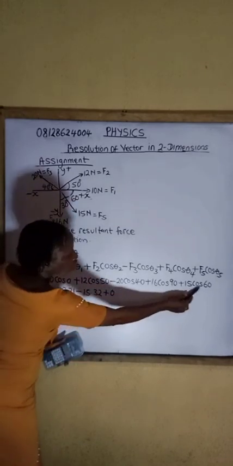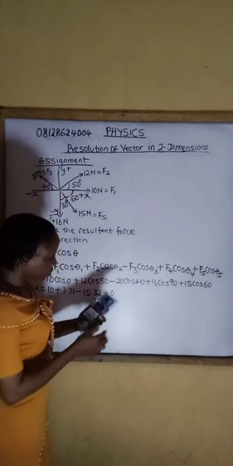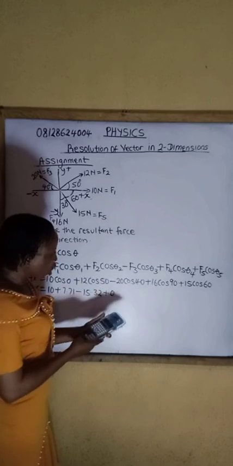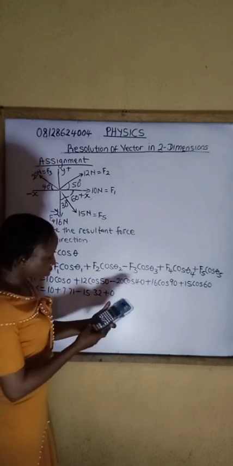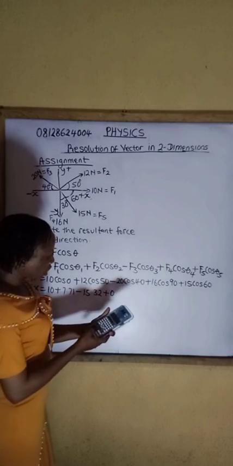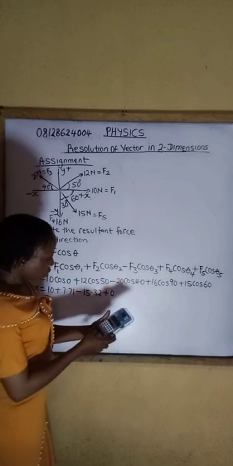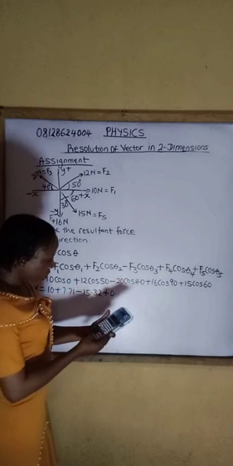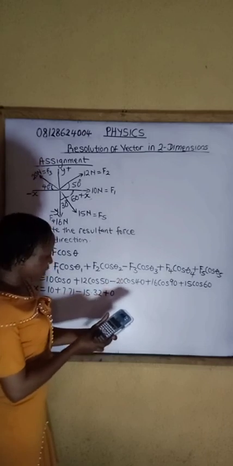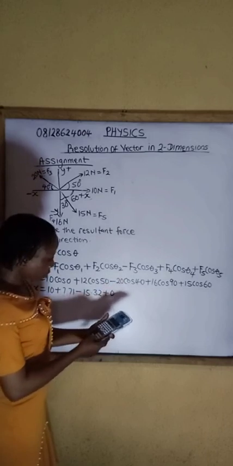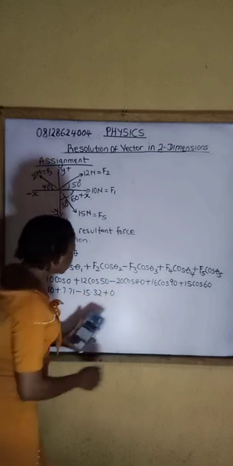Then the last one is cos 60 multiplied by 15. If you are with your calculator, solve along with me. Cos 60 multiplied by 15 equal to 7.5.